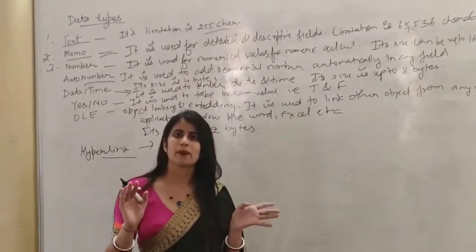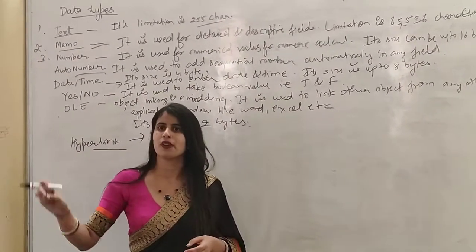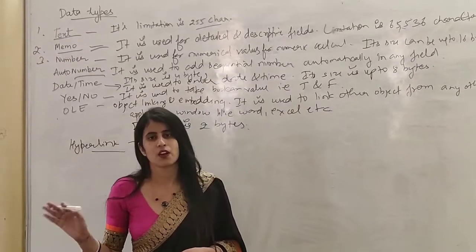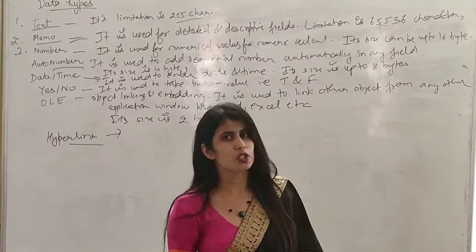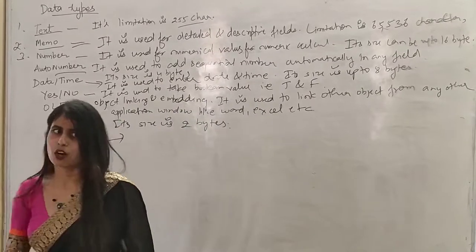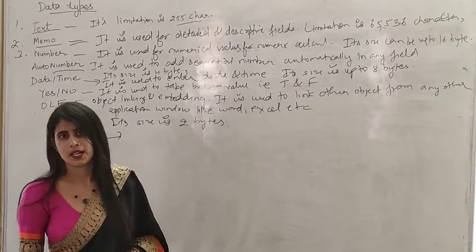So hyperlink means the links that we are providing for any kind of educational website, or you can say any other professional website. So the data type that we use to add link of any website, any web page or any academy, we use hyperlink data type.